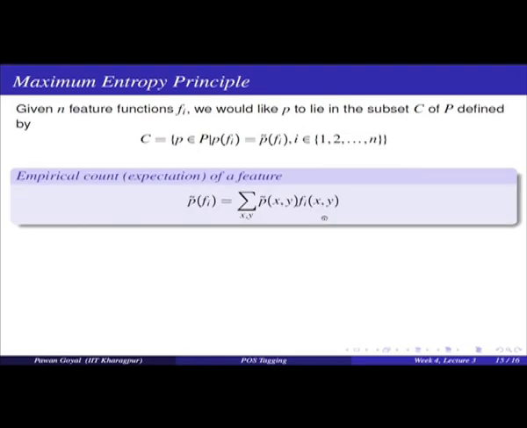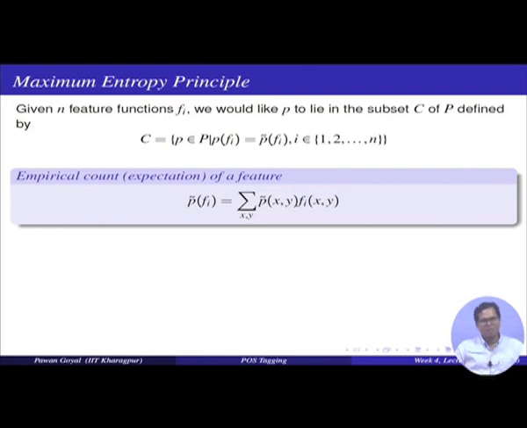What do I mean by satisfying this constraint? What is the empirical count, or expectation, of a feature? Empirical expectation is how many times this xy actually occurred and fi(x,y) was 1 in my data. p tilde is my empirical probability.